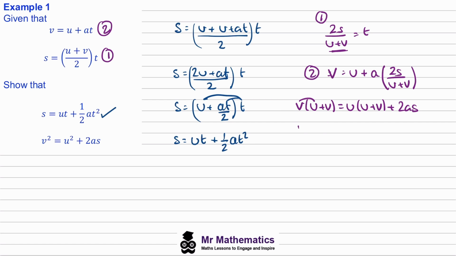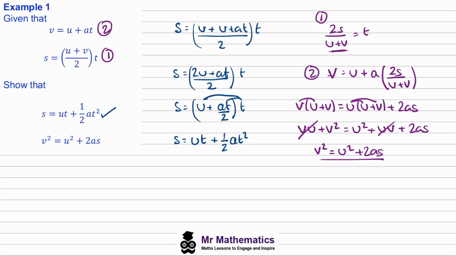So we've got vu plus v squared will equal u squared plus uv plus 2as. You can see this vu will cancel with this one. So we're left with v squared will equal u squared plus 2as. Okay, how did you get on with that?